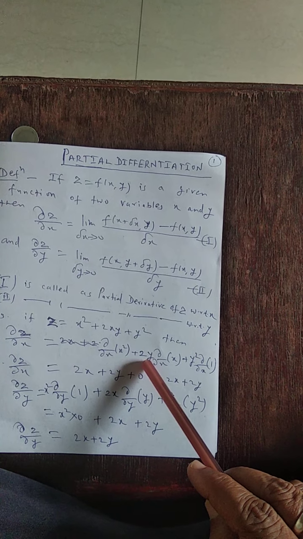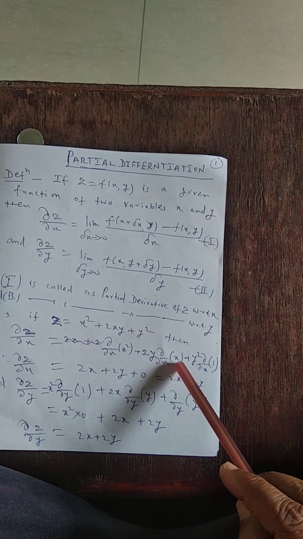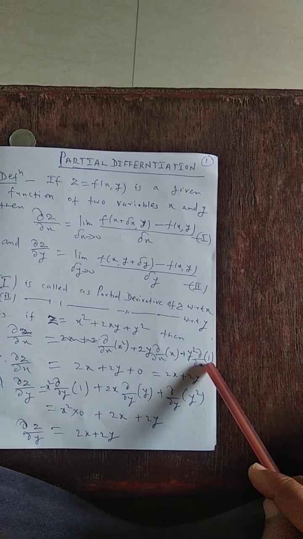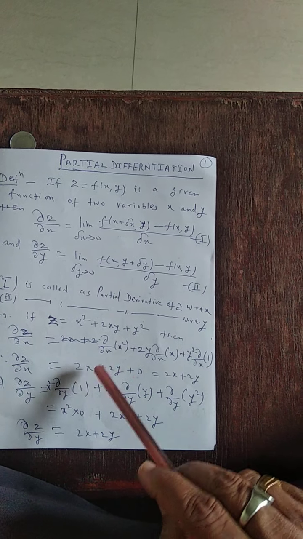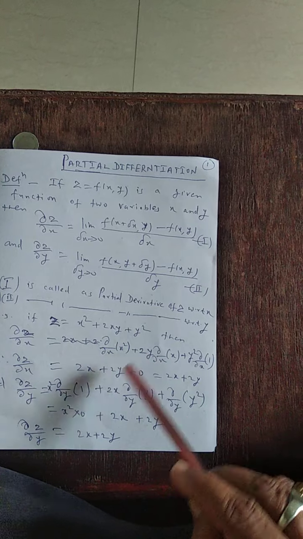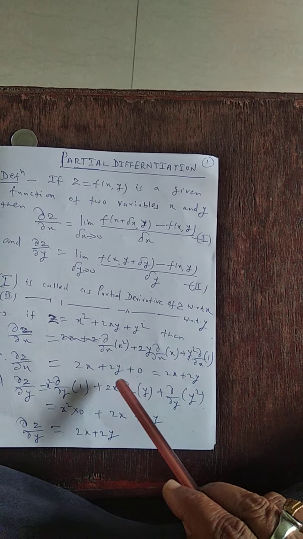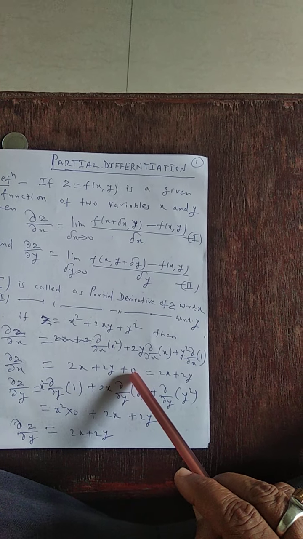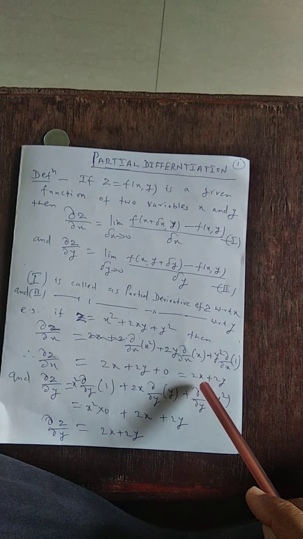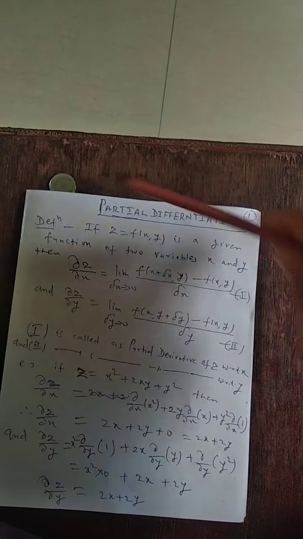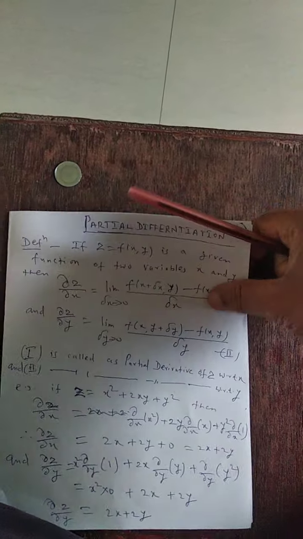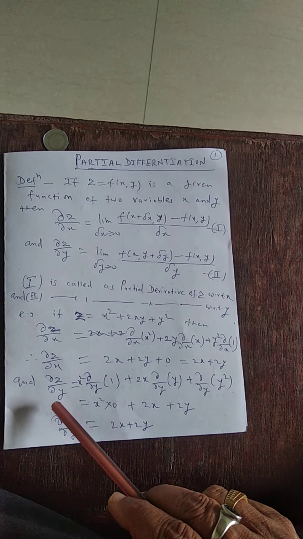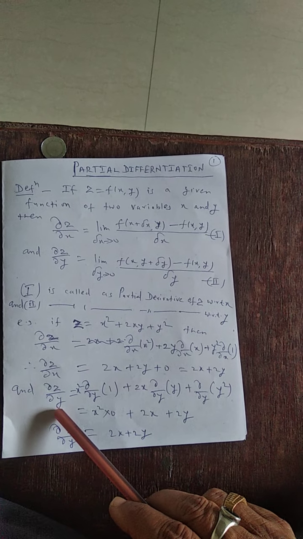So we take 2y out, 2y dou by dou x of x, plus y square is constant, dou by dou x of 1. So dou by dou x of x square is 2x, 2y dou by dou x of x is 1, so 2y into 1, and y square dou by dou x of 1 is 0. So what is the answer? 2x plus 2y. Then dou z by dou y: you are differentiating partially with respect to y.